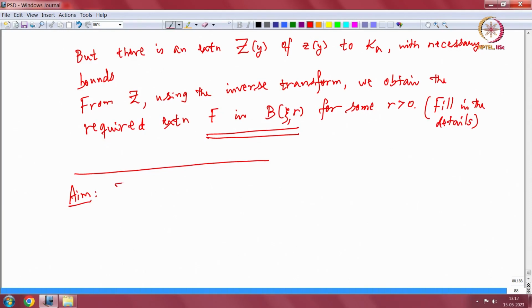So this integration by parts. Just in the remaining few minutes, I'll recall that, and again we'll continue in the next class.